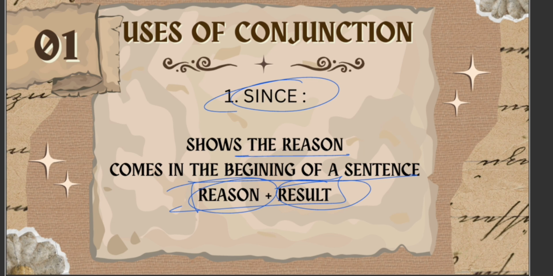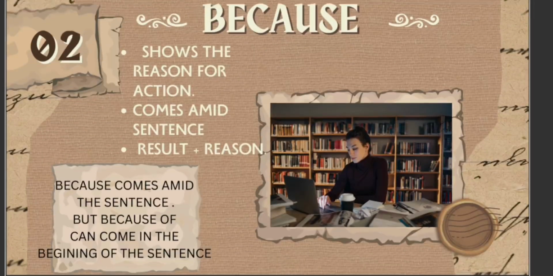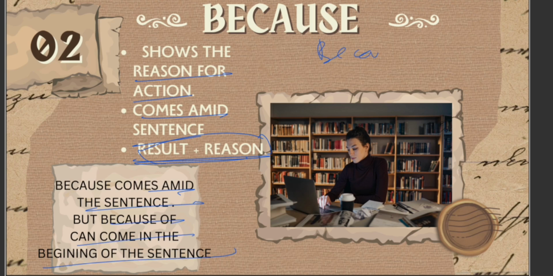Okay, let's move ahead. Because shows the reason for action. It comes amid a sentence, and result and reason is being shown by because. Okay, because comes amid the sentence, but because of can come in the beginning of a sentence. For example, because of the strategy the team won.